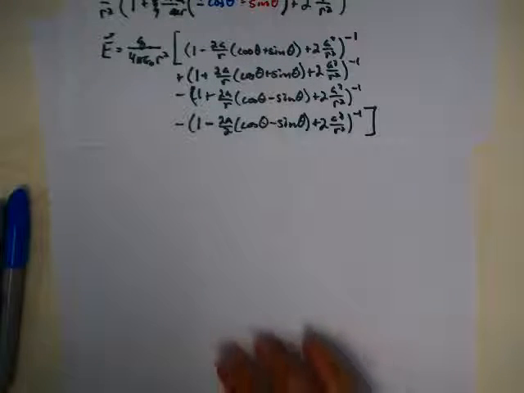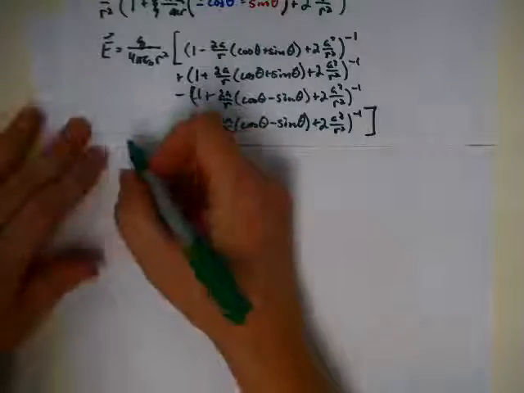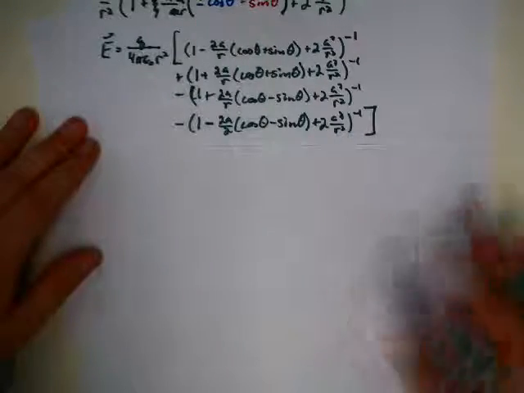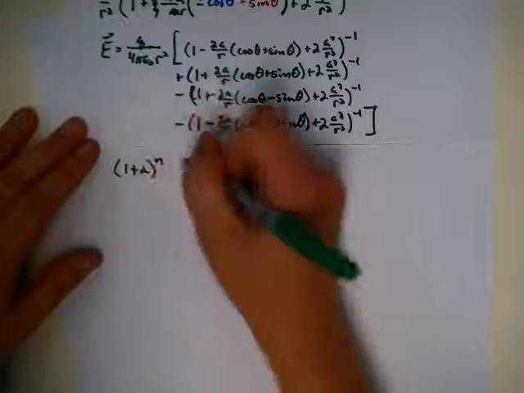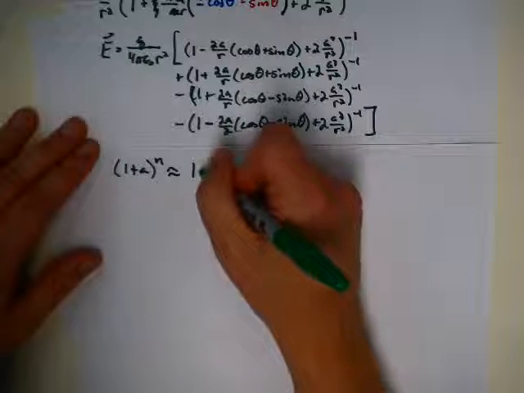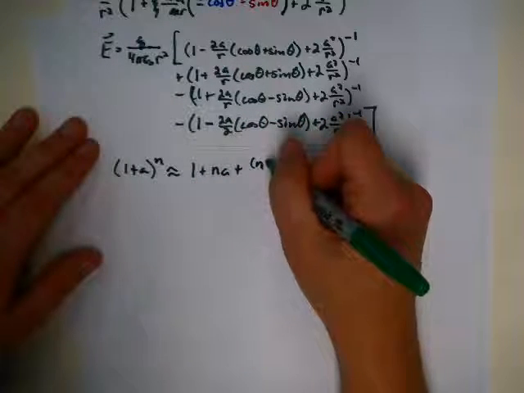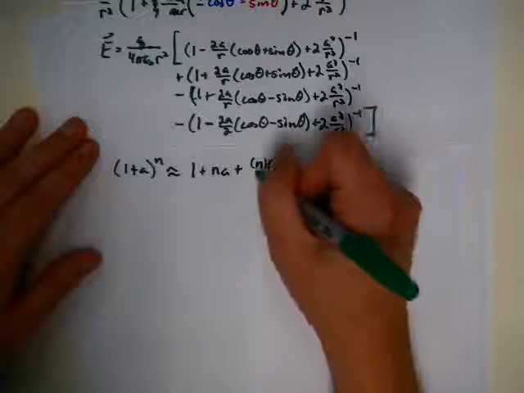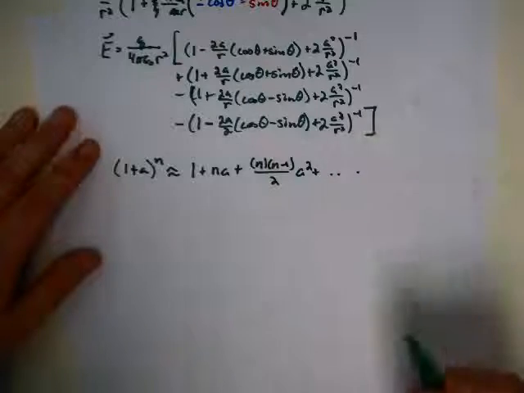Continuing on with the problem, we now use the final trick at our disposal, which is the binomial expansion, which is 1 plus a to the nth power. For a small, it goes as 1 plus na plus n minus 1 over 2 a squared plus dot dot dot.